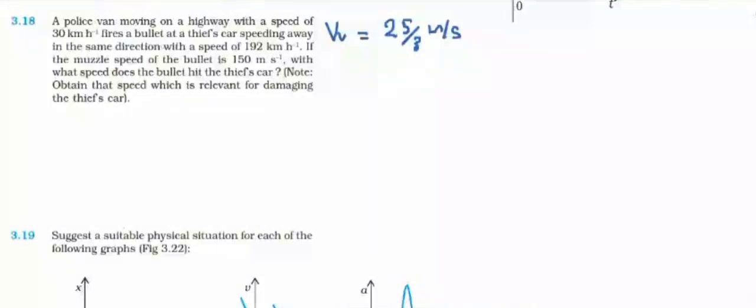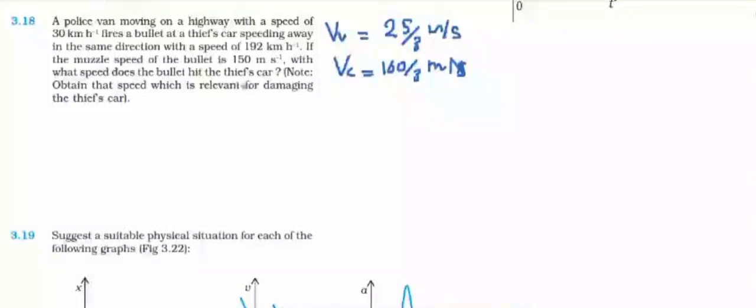It fires a bullet at a thief's car speeding away in the same direction with a speed of 192 km/h. So the velocity of the car is 192 km/h. When you simplify, you will get around 160/3 meter per second.